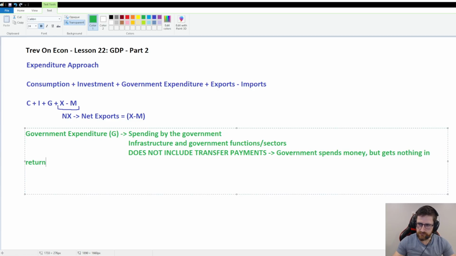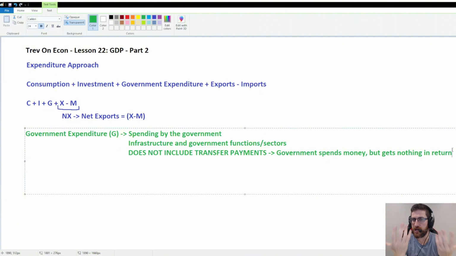Okay. Usually, this is things like welfare programs, okay, or social assistance. So, for example, in Canada, when you lose your job, you get something called employment insurance, which is the government will give you money for X number of weeks to help you as you find a new job. When the government gives you that money, they're getting nothing in return.